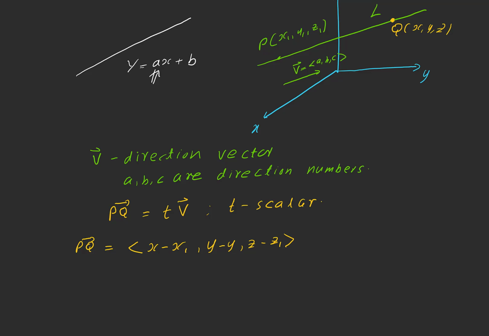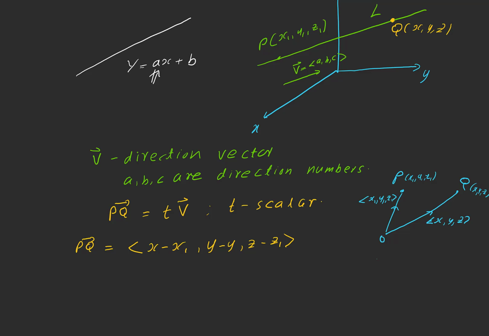If you don't understand this, let me explain. This is P and this is Q, so the position vectors are like this: P is (x1, y1, z1) and Q is (x, y, z). Therefore, the position vectors are OP, which is (x1, y1, z1), and OQ, which is (x, y, z).